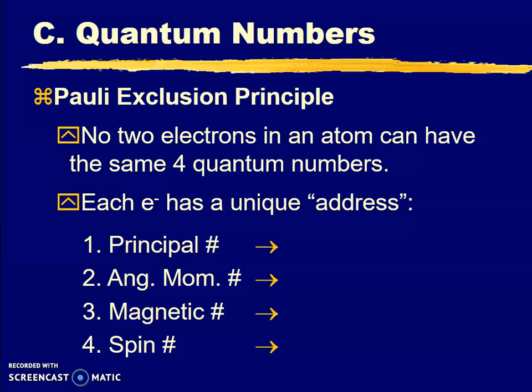Just a reminder, the principal number tells you your energy level. There are 7, 1 through 7, which corresponds to the periods on the periodic table, just like there are 7 periods on the periodic table.